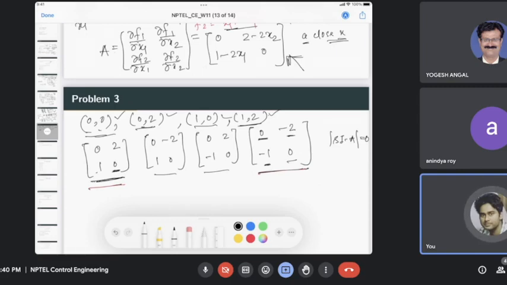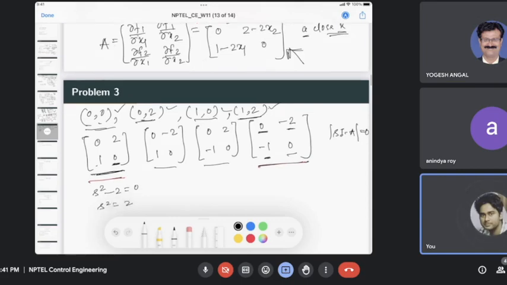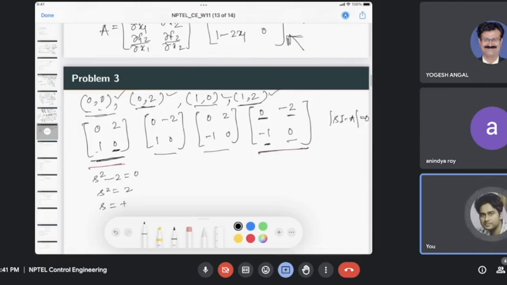So for example, in this case we have s square minus 2 equal to 0, so s square equals 2, so s equals plus or minus root 2. We see that one is positive and one is negative.